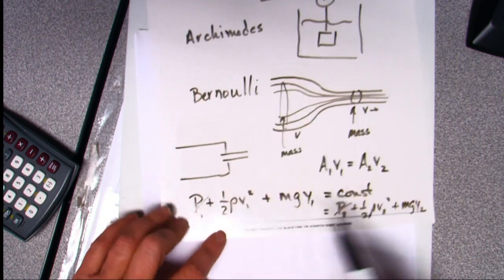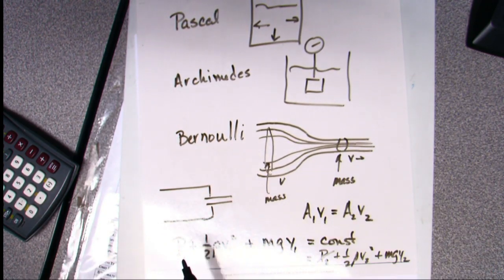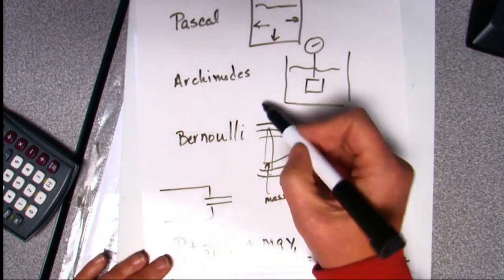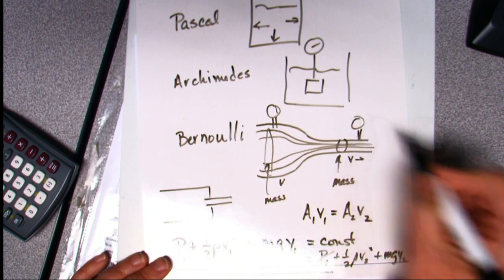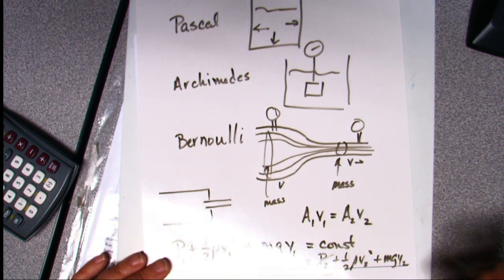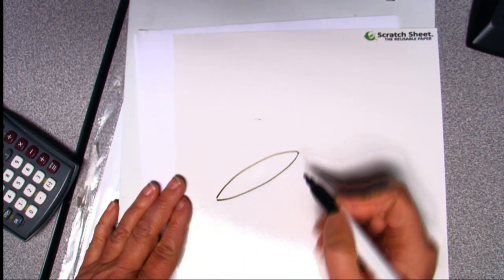But what this ultimately tells you is that I'm going to get a change in pressure through the pipe. You can actually measure this by putting a pressure monitor on this side of the pipe and a pressure monitor on that side of the pipe. And that's ultimately why an airfoil works.